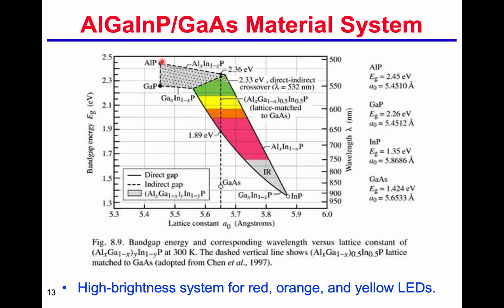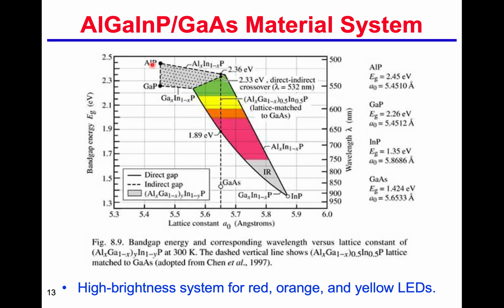Aluminum is the smallest atom compared with gallium, then indium, going from the upper row to the bottom row. So aluminum is smaller compared with indium, although they are group 3 materials.